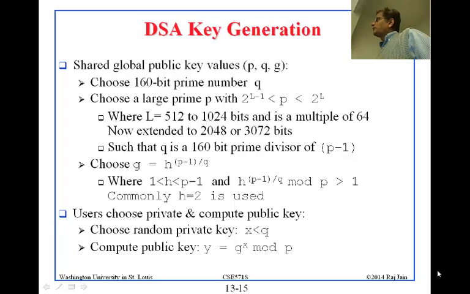So basically G should not be 1. So you select an H so that G is more than 1. Now, an interesting thing is, generally H equal to 2 is used. So that's very easy. If you put H equal to 2, 2 raised to that big prime divided by Q is very easy, because all you do is a 1 bit and then all zeros.